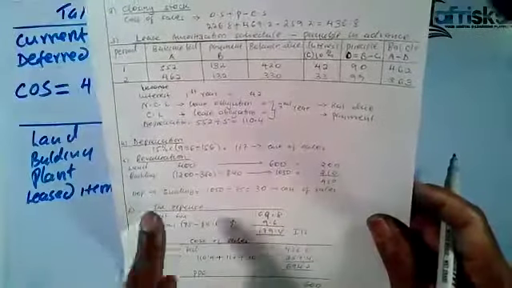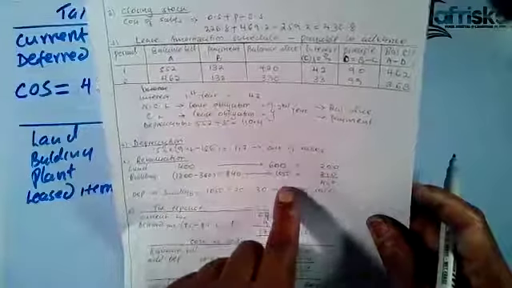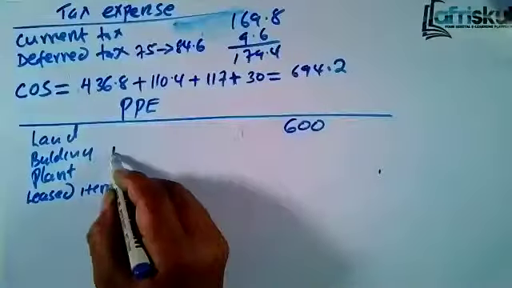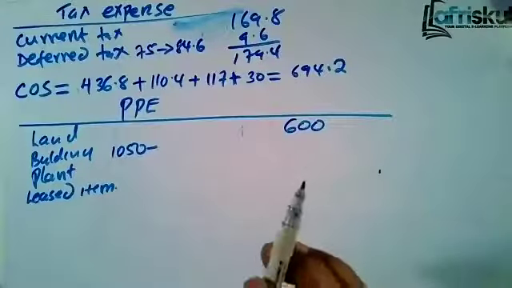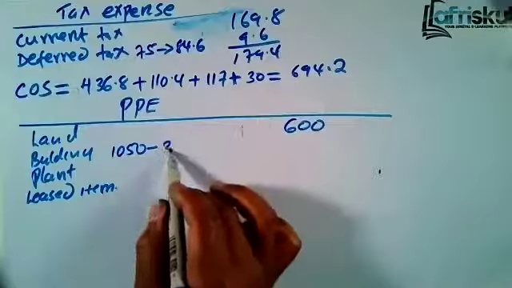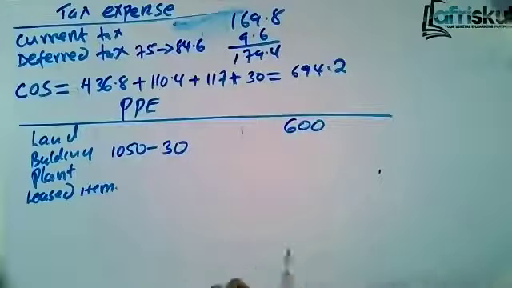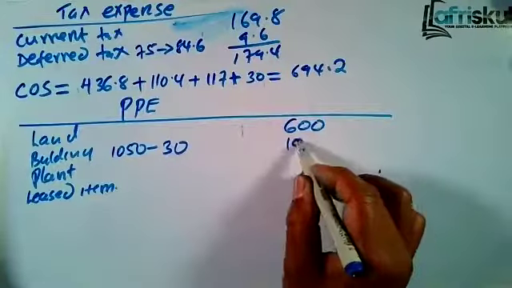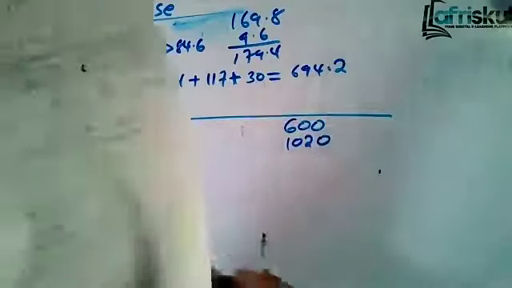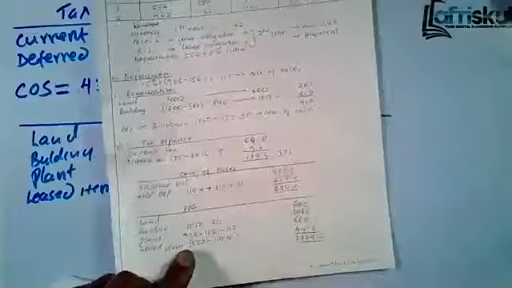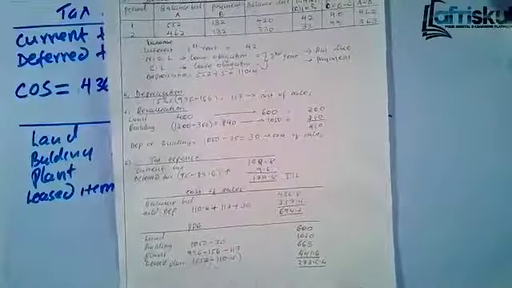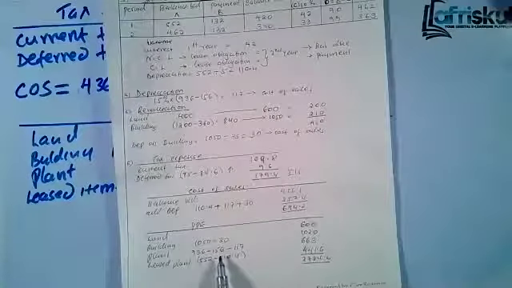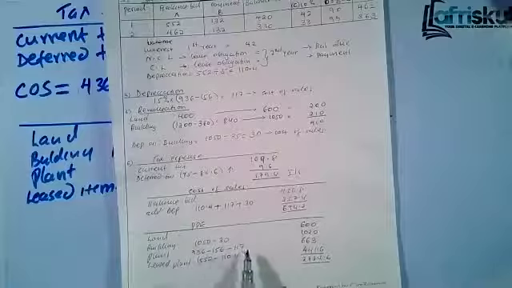Then building was revalued from 840 to 1050. So you take 1050, but remember it was depreciated during the year, and the depreciation for the building was 30. So if you take 1050 minus that, you'll get 1020. The plant, remember for the plant, it was using reducing balance. We had 936, we had accumulated depreciation of 156 from the opening balance, and depreciation for the year was 117.